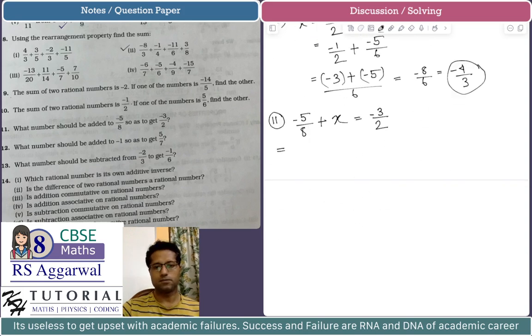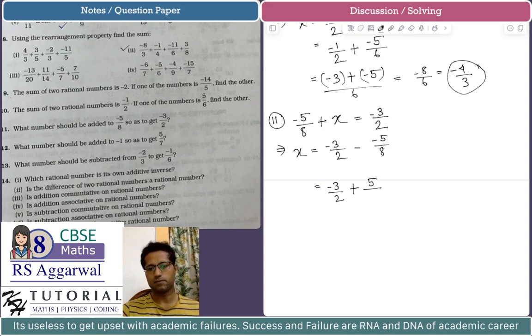So this implies that x will be equal to minus 3 by 2 minus 5 by 8. Now this is equal to minus 3 by 2 plus the additive inverse of minus 5 by 8, which is 5 by 8.